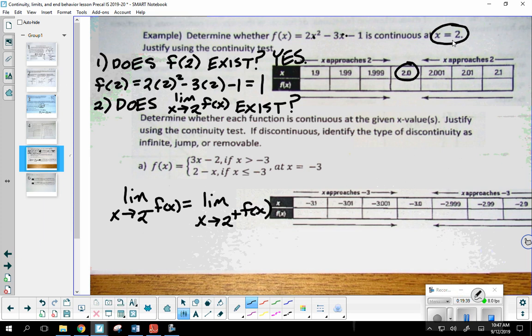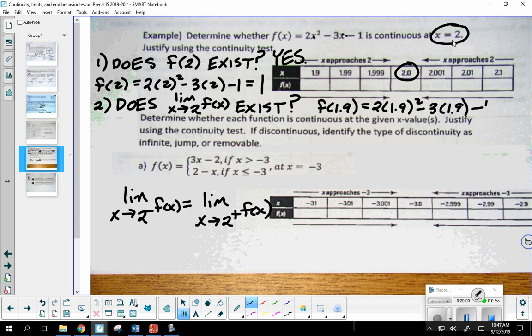Okay. Now, I'm going to help you out with this. We didn't have the calculators today because of the quiz, but if I were to plug in, for example, 1.9, f of 1.9 would equal 2 times 1.9 squared minus 3 times 1.9 minus 1. I believe you're going to get 0.52 if I'm not mistaken.